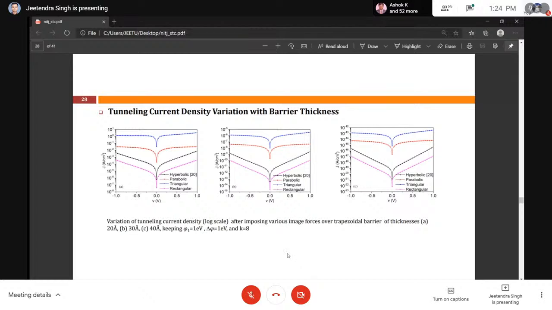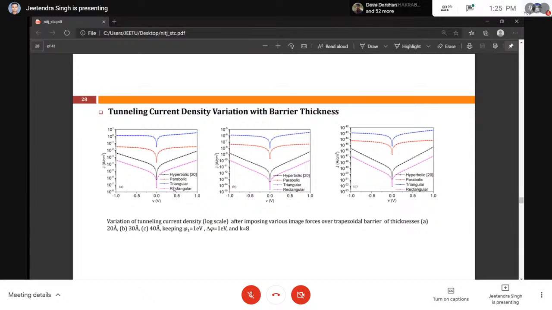When we apply these mean barrier height relations to the tunneling current relation, we observe the current density with respect to the voltage, and we can see the effect of the image potential variations.